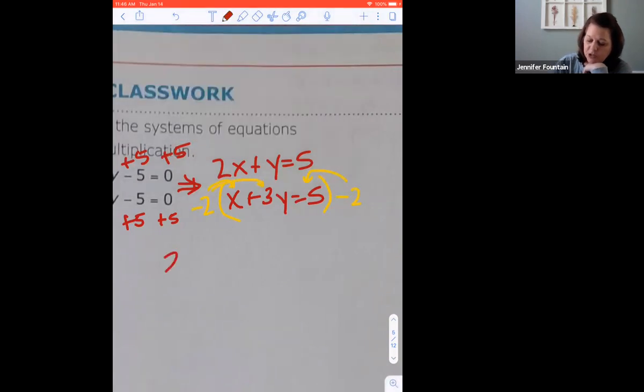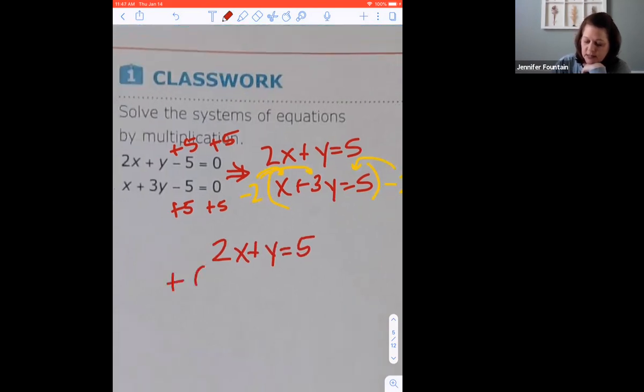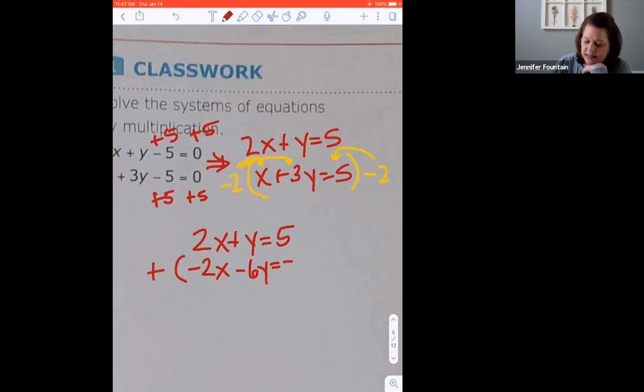So now I've got 2x plus y equals 5, plus -2x minus 6y equals -10. So by multiplying by a -2, I've made 2x and -2x opposite terms.